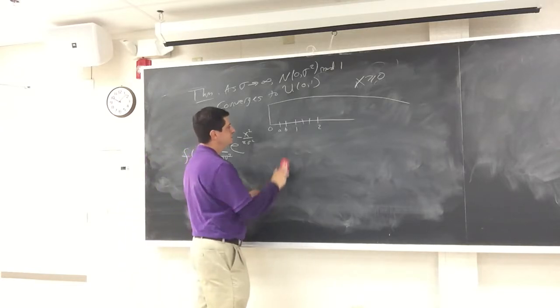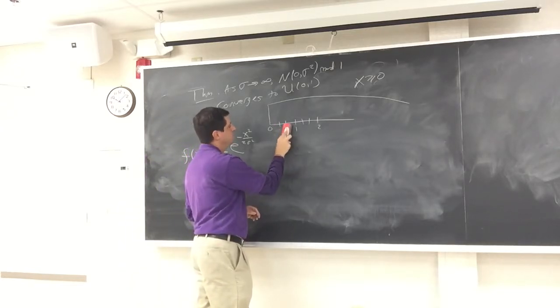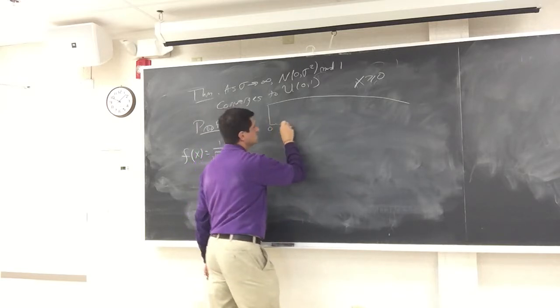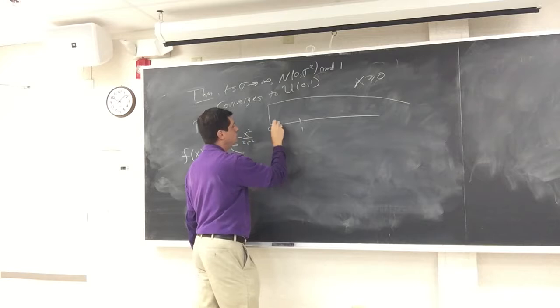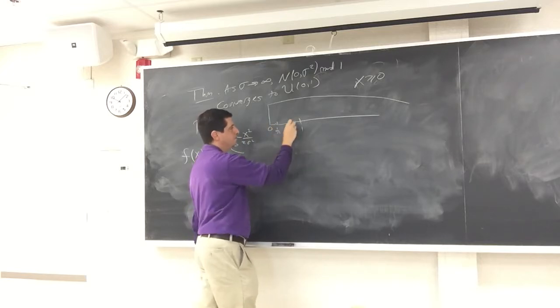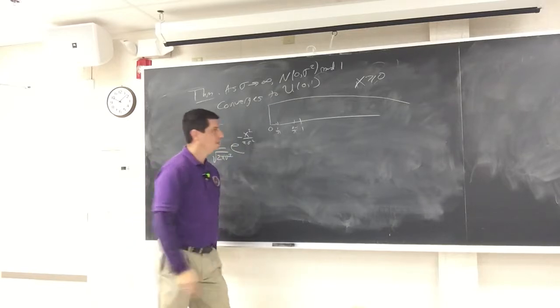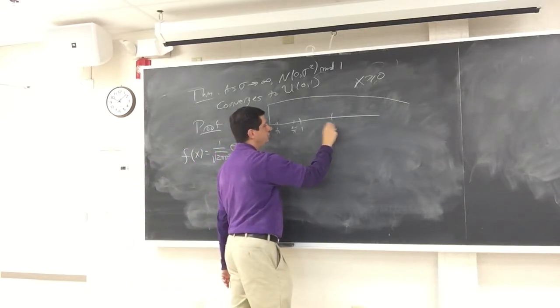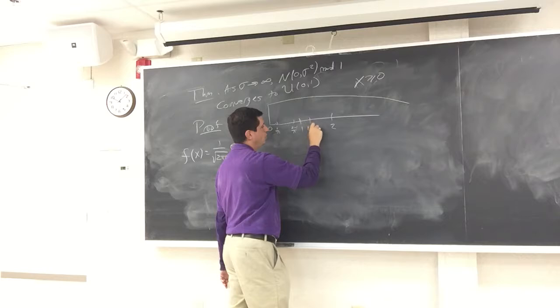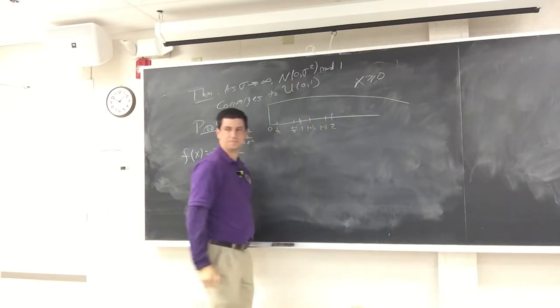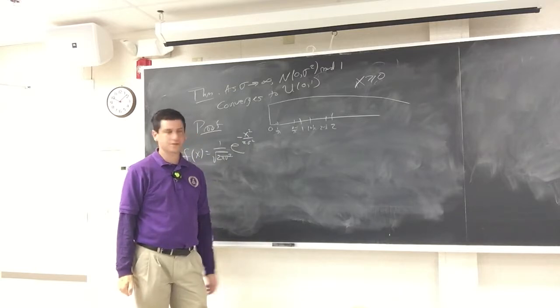What I'm going to do is, instead of doing a generic A and B, I will choose very specific ones. So here's 0, here's 1, here's 1 over n, and here's n minus 1 over n. And here is 2, here's 1 plus 1 over n, and here's 2 minus 1 over n. And we're going to keep marching down like this.